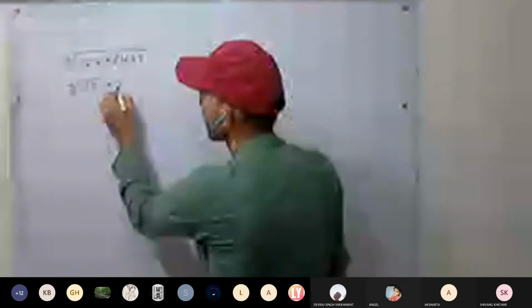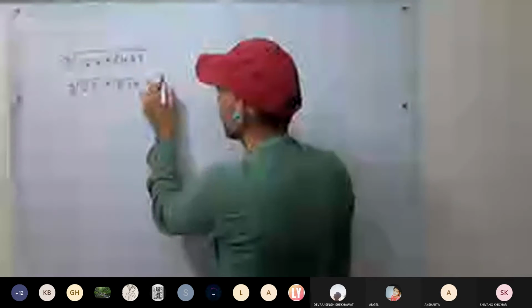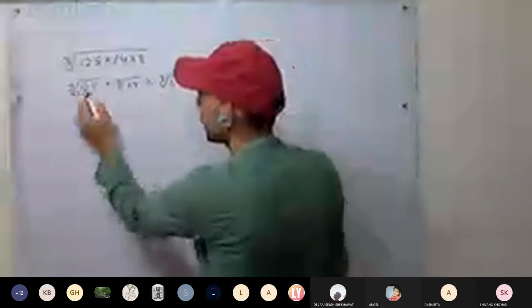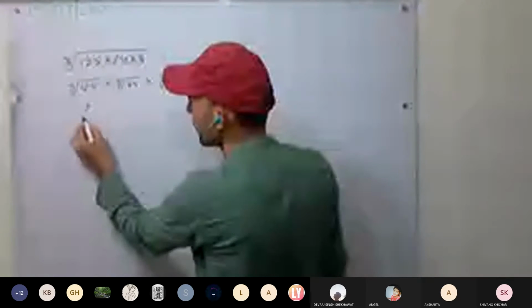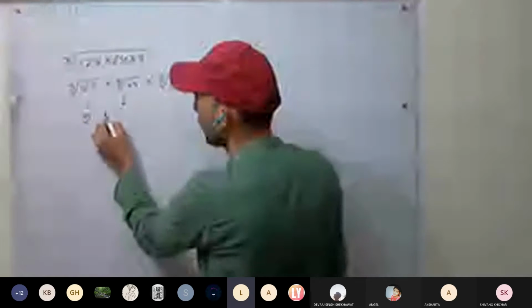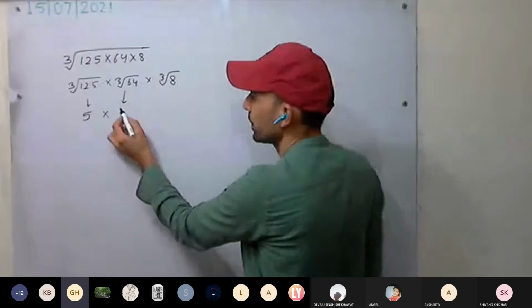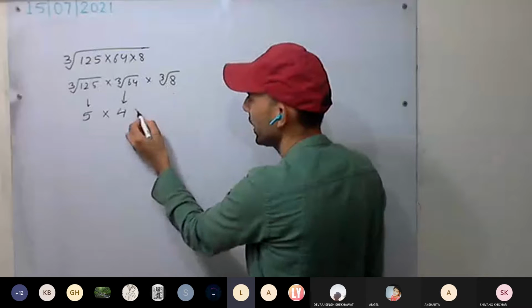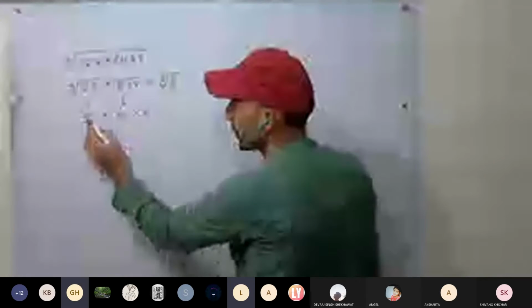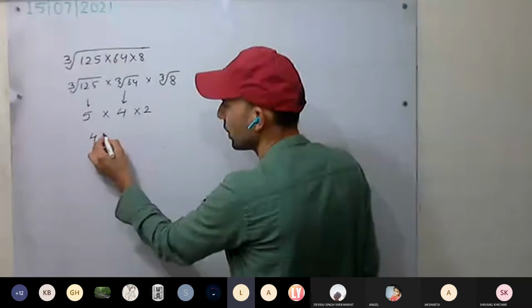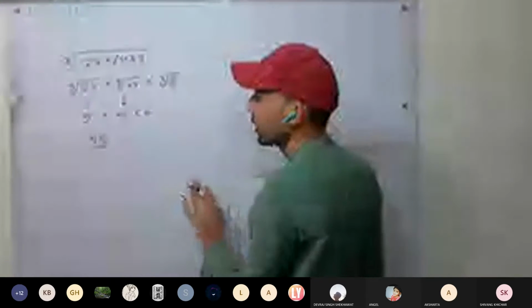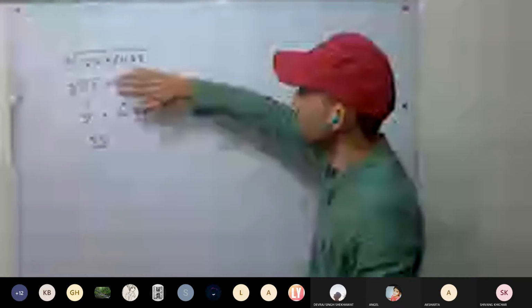So you can write cube root of 125 into cube root of 64 into cube root of 8. That is 5, 4, 2, so 5 times 4 times 2, 40. You can skip these steps as well.